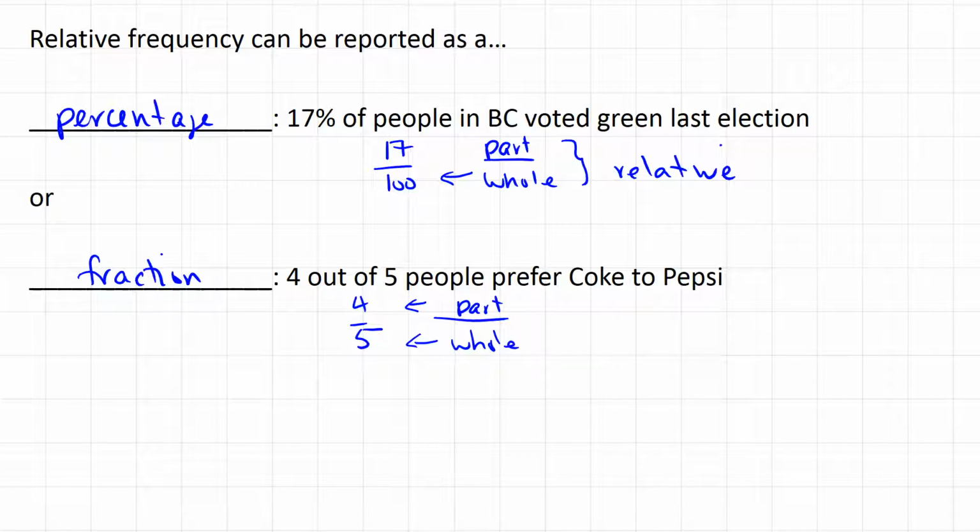It sometimes gives a more complete picture. But, there is a but. You have to be careful when relative frequency is used. It has to be a large data set.